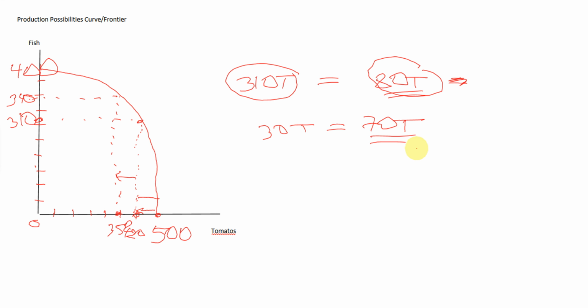In the early stages, when we shifted a bit of labor from tomatoes to fish, we obviously produced more, 310 tons for just 80 tons of lost tomato. But for more or less the same, 70 tons of tomato that we give up, we are actually only catching a bit. So opportunity cost is rising now.